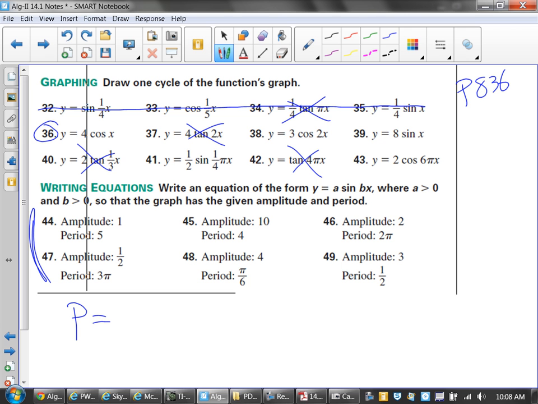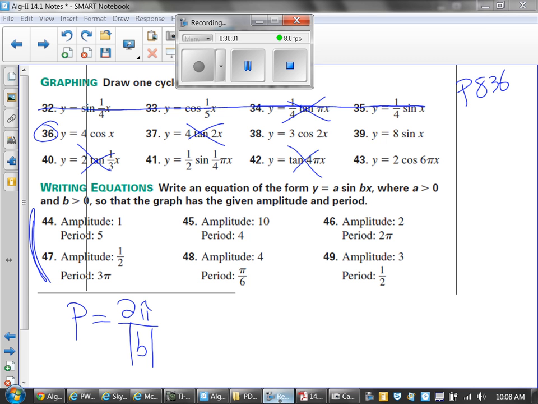Period equals 2 pi over the absolute value of b. So you have to work backwards on a quick little equation there. Does that make sense? So you got 5 graphs and 6 equations. We'll shift it tomorrow. It's good times.